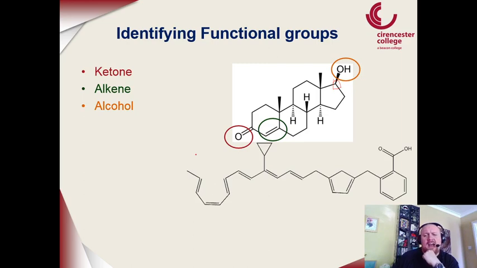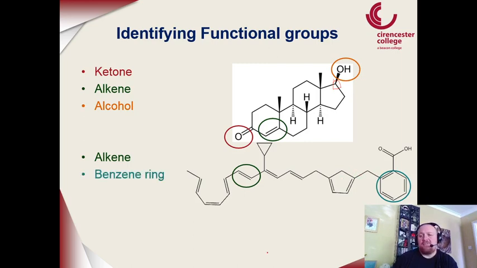What about this one here? We have exactly the same thing here. We have an alkene, and in fact we've got several alkenes. You'll notice that I've got carbon double bond carbons here, but actually I'm not suddenly going alkene. Do any of you know what this particular six-membered ring with carbon double bond carbons has a very special name, and that is a benzene ring.